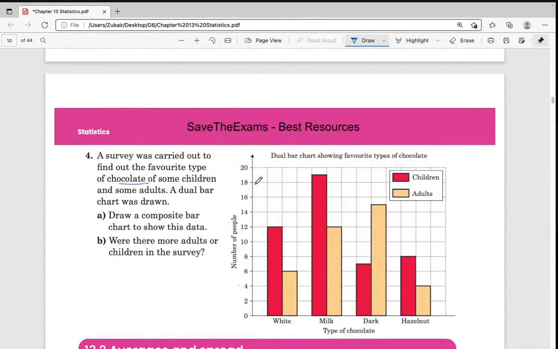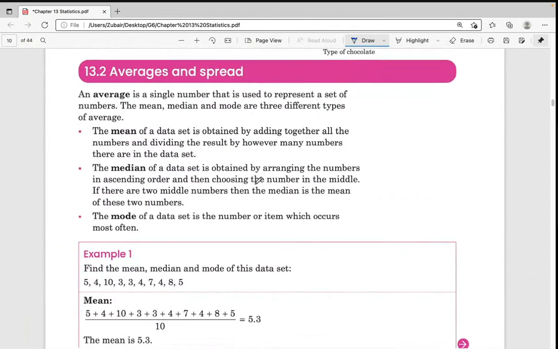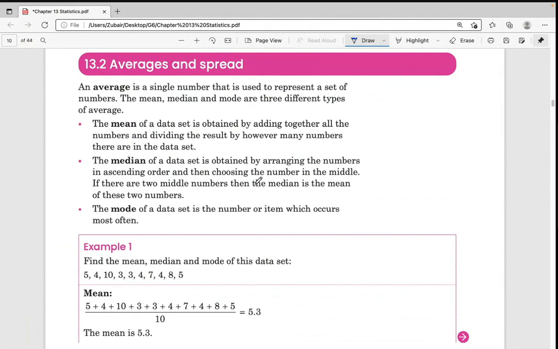So we're done with graphs and now averages: mean, median, mode. Which is easy, I know. So we know mean is basically the average: the sum of numbers divided by the number of numbers.